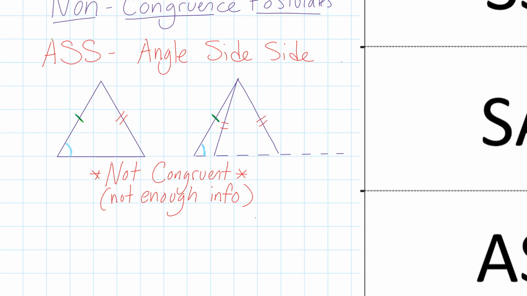Okay, who can take a guess at what our next arrangement of sides and angles is that would not show congruence? Angle, angle, angle.